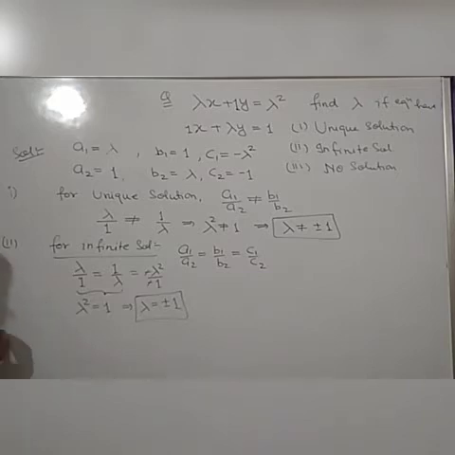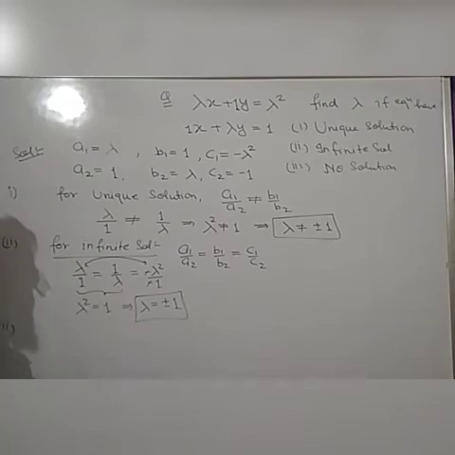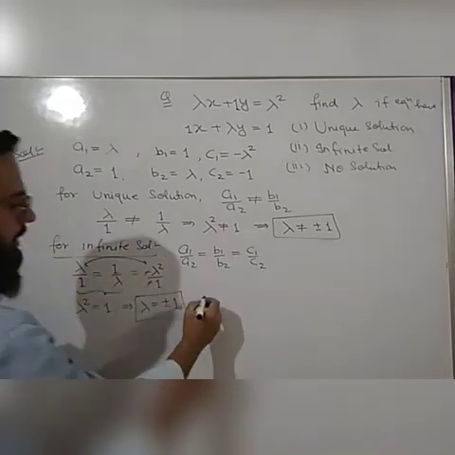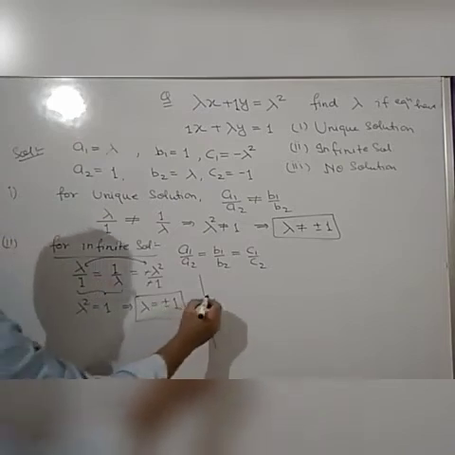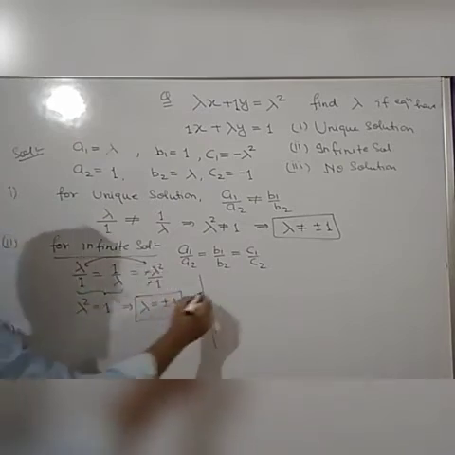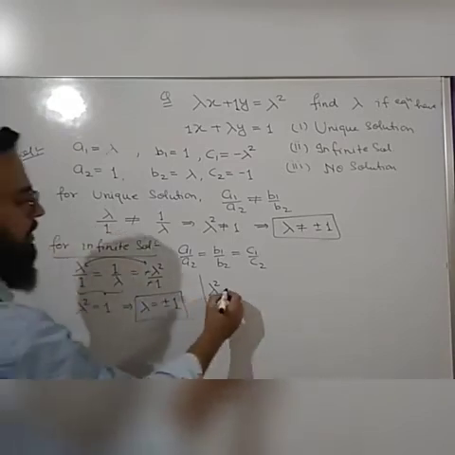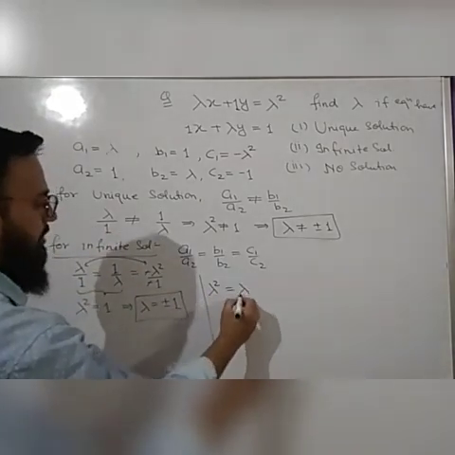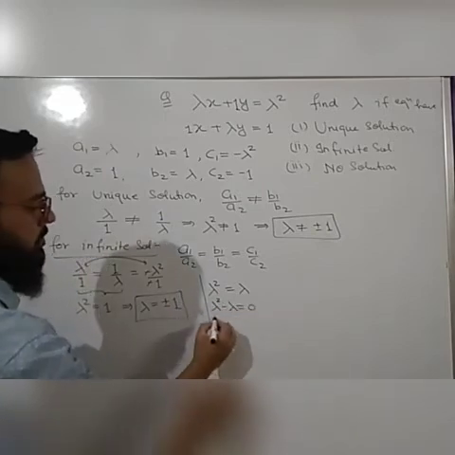Now for the third condition, if we solve the first and last part also, then there will be one more condition. What will be that? Solving first and last part, we will get lambda square into 1, that will be lambda square, and lambda into 1 will be equal to lambda. Or we can write it as lambda square minus lambda equals 0.